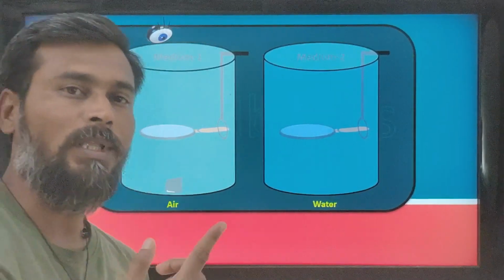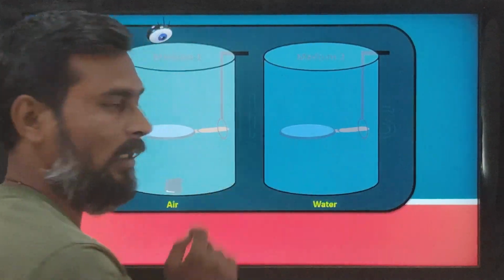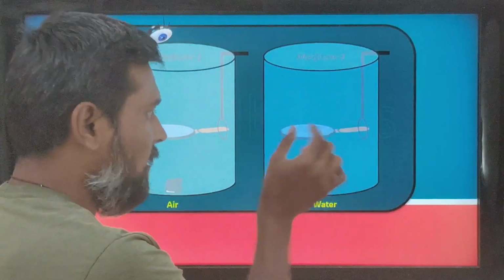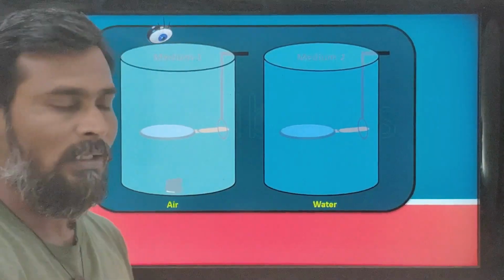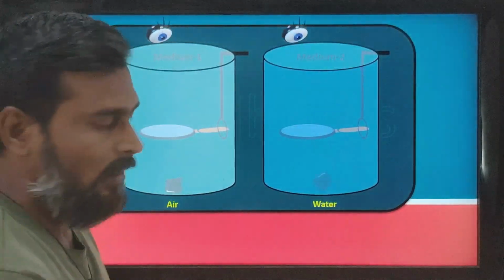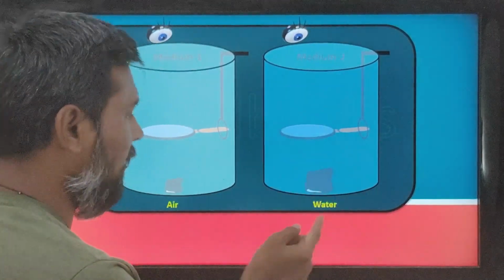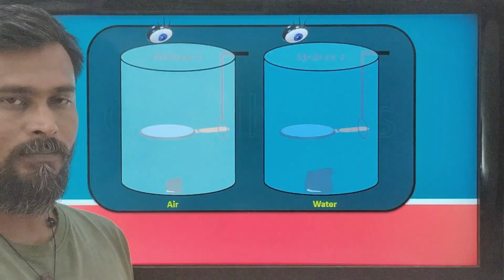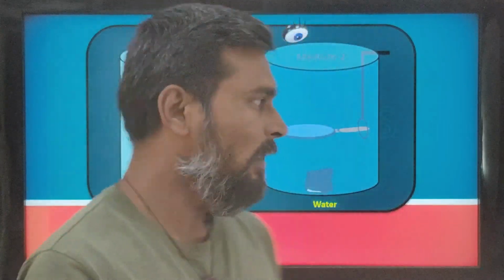Now, do you think when you see the stone here through this lens of the same focal length, these two lenses having the same focal length, the size of the stone is the same? Let us see. When you are seeing, the size of the stone is bigger when compared to air. Why is it happening?